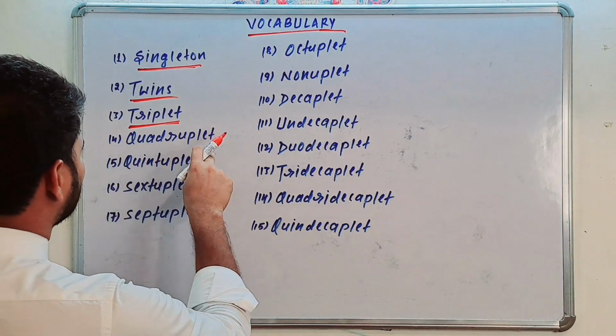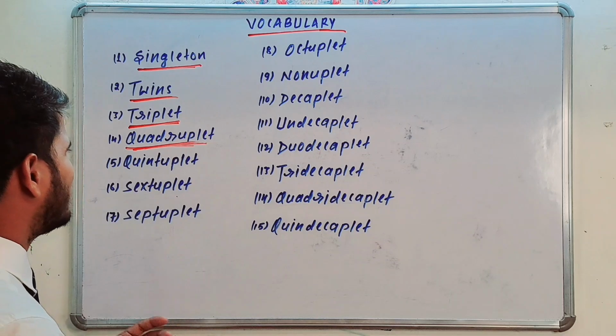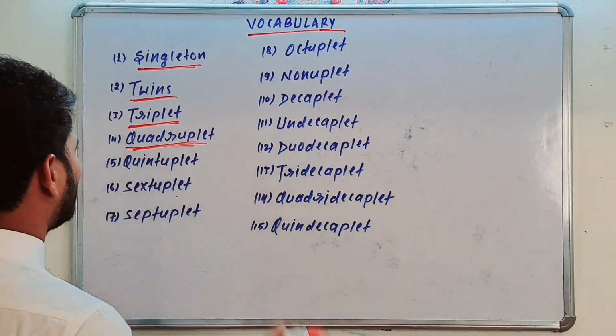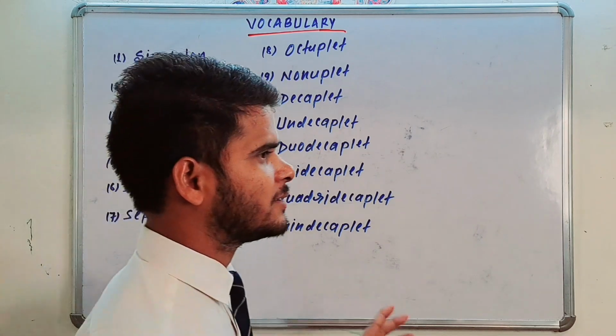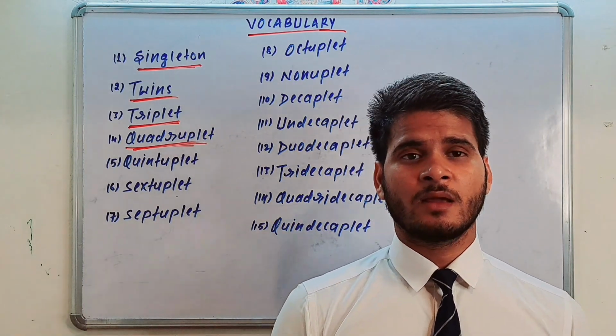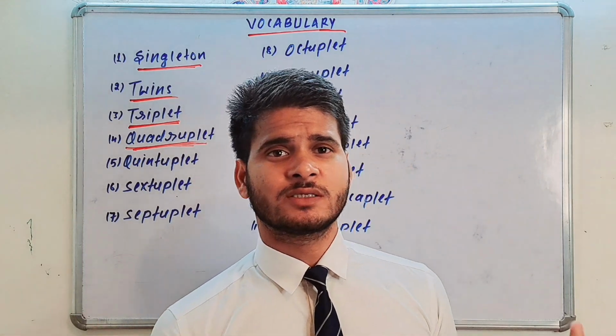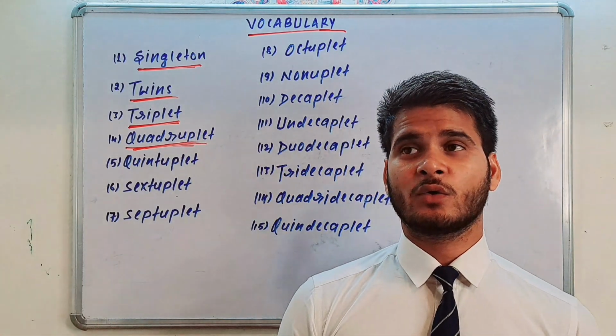Quadruplet. Here, see quadruplet, and that is related to four babies. When you have four babies at a time, one who has four babies at a time, that is known as quadruplet.